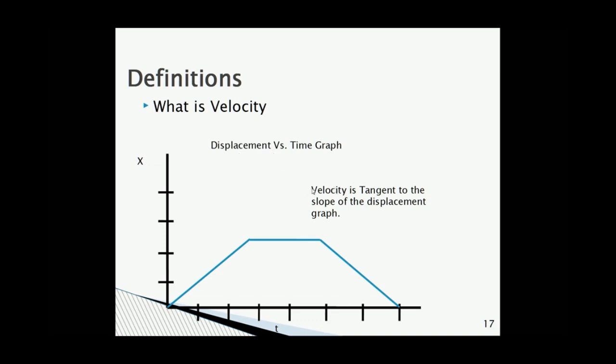Velocity is a change in displacement. And once again, just like displacement is tangent to the position slope, velocity is tangent to the slope of the displacement graph. And once again, I will draw this to represent that velocity is tangent to the slope of the displacement.